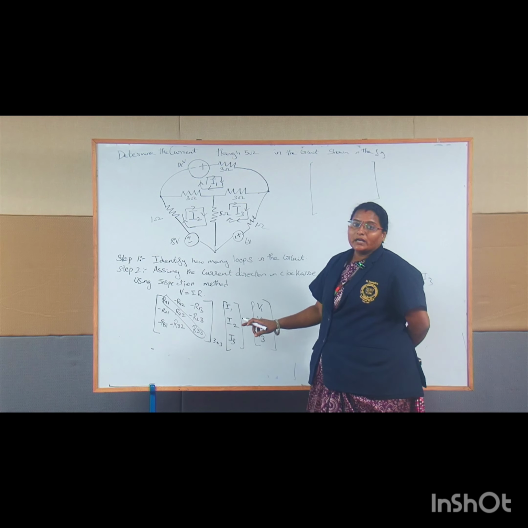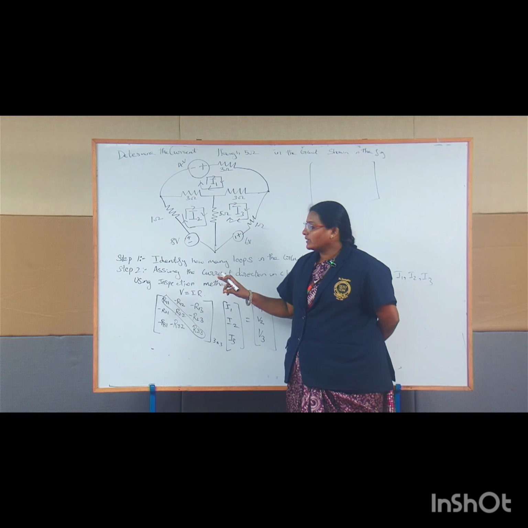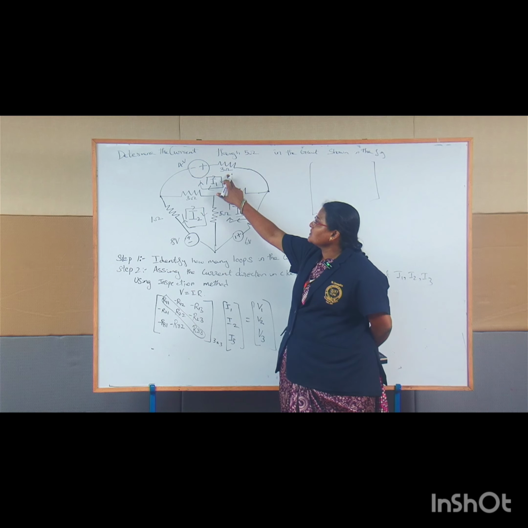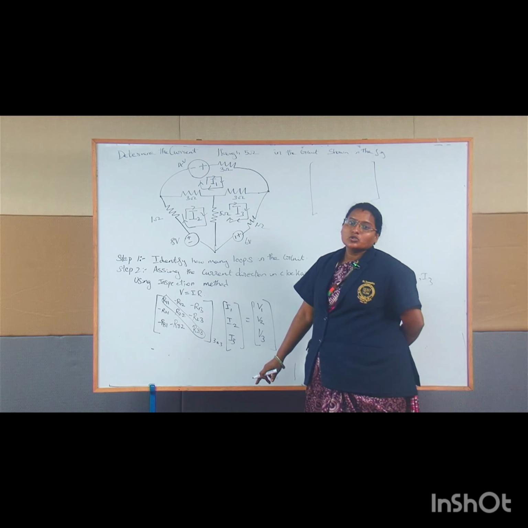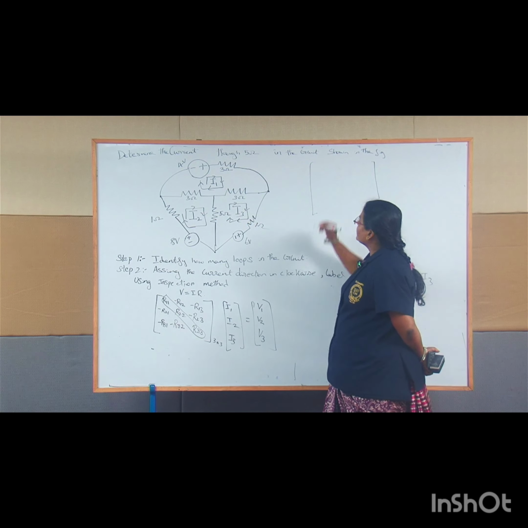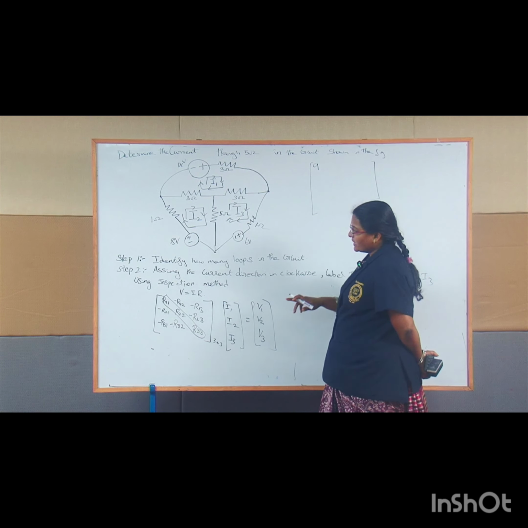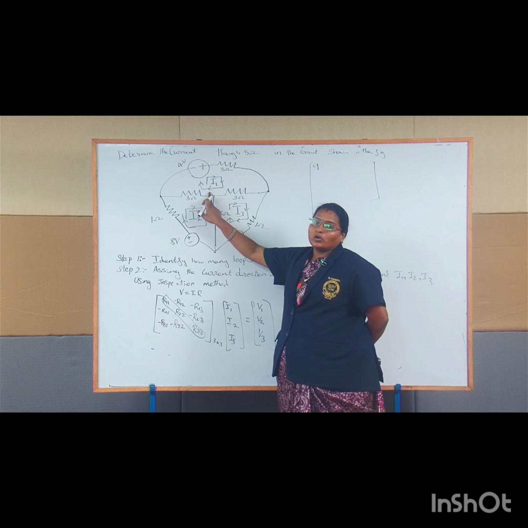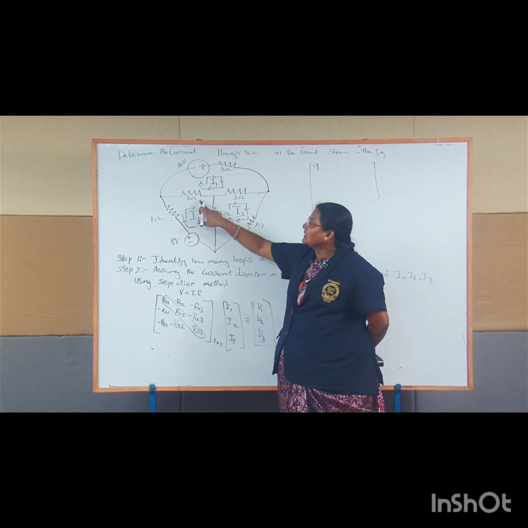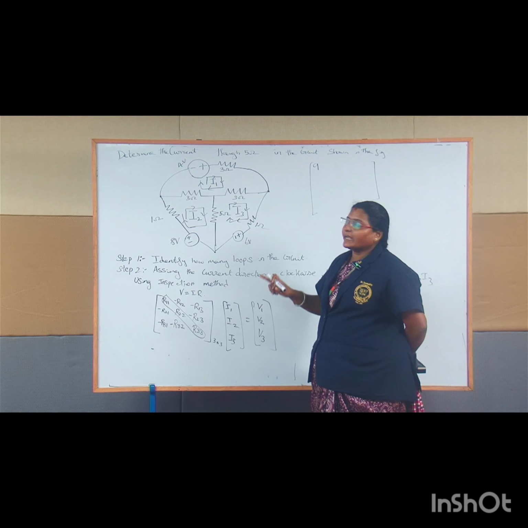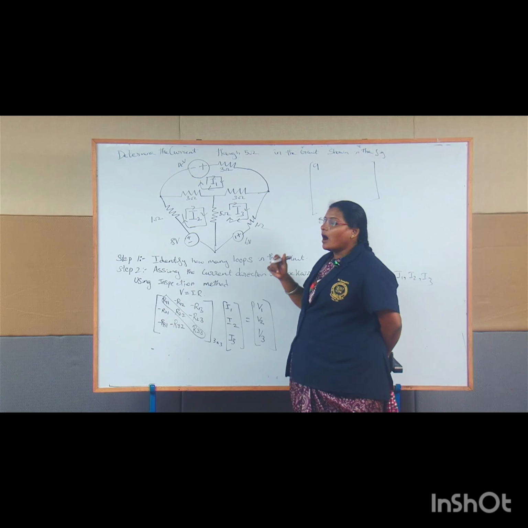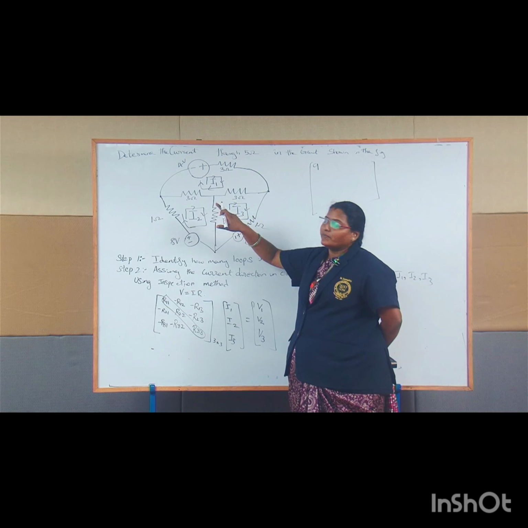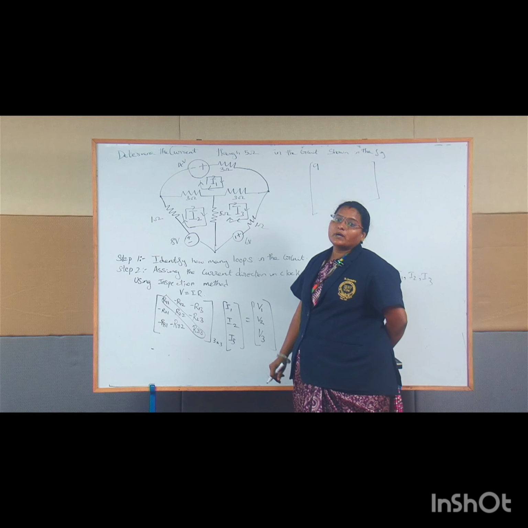So R11 means the total resistance in loop 1. Here 3 ohms, 3 ohms, 3 ohms, total 9 ohms. So R11 is nothing but 9 ohms. In loop 1 alone you have to check 3 plus 3 plus 3, 9 ohms. Then R12 means the resistor which is common to both loop currents.